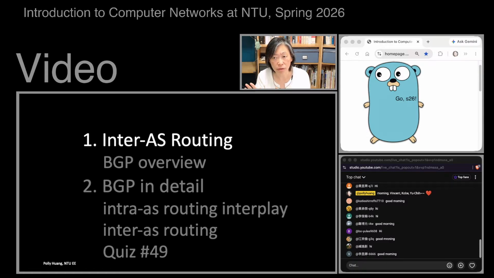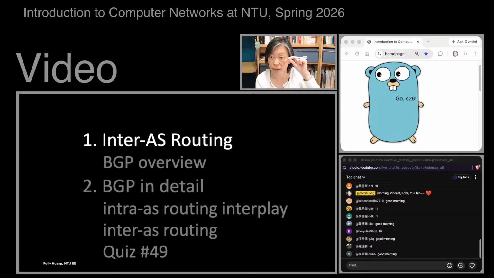Now in BGP, we still have a vector, and it's indexed by the reachable destinations. But who are the reachable destinations? They are not individual machines. They are individual domains.